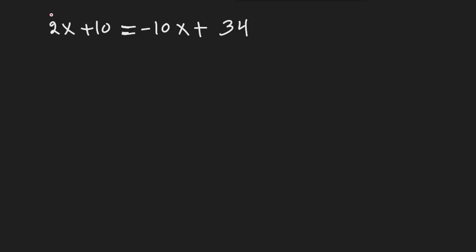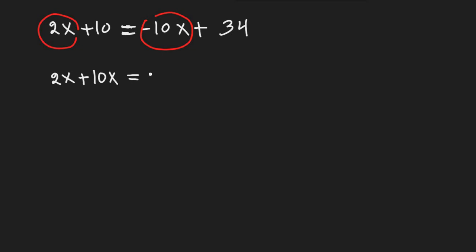For example, here 2x is a variable, and here minus 10x is a variable. So we'll take both of them to one side. 2x is already on this side of the equal sign. Minus 10x, if I switch it from right to left, is now positive 10x. We have to write positive 10x.